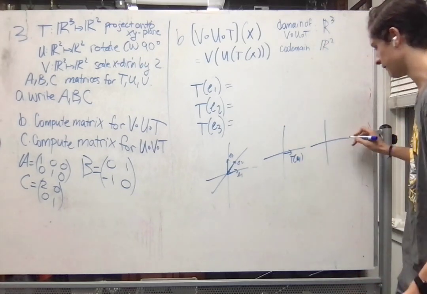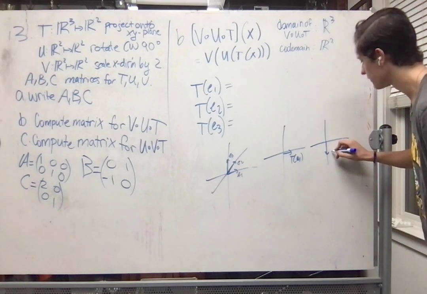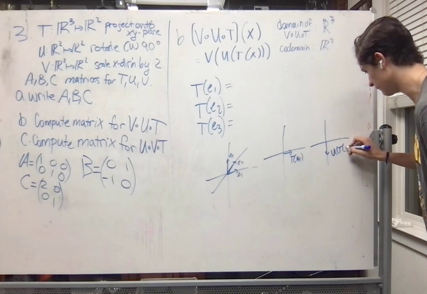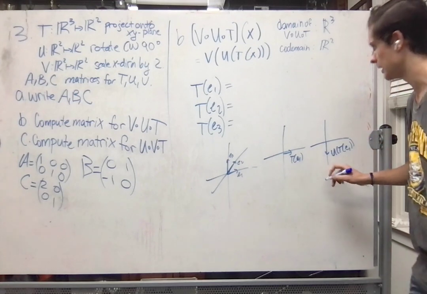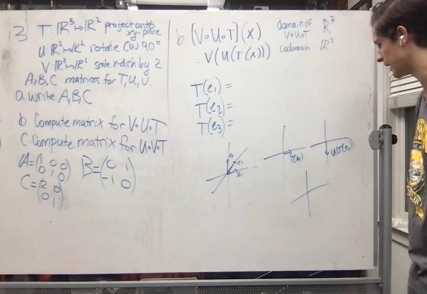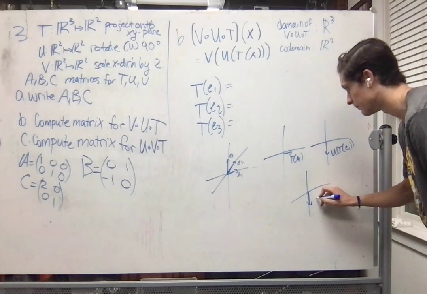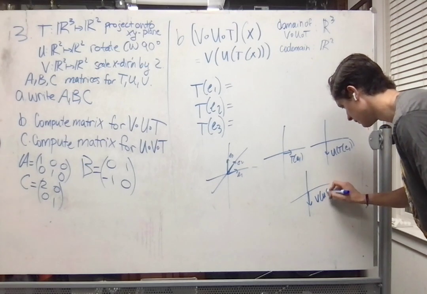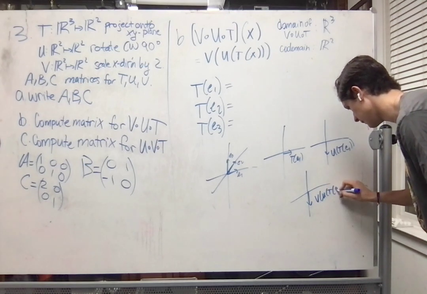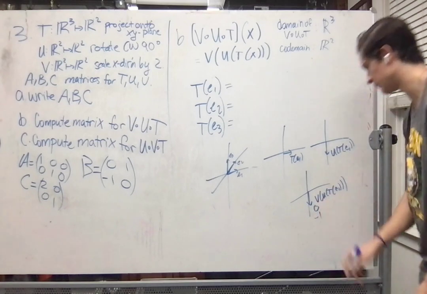And then after U, it's going to go here, which is U of T of E1. And then finally, we're going to stretch it in the x direction by 2, but since it's on the y-axis, that isn't going to change it at all. So V of U of T of E1 is going to be right here at 0, -1.